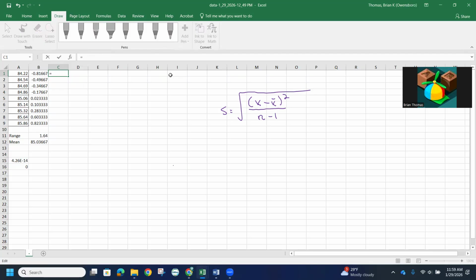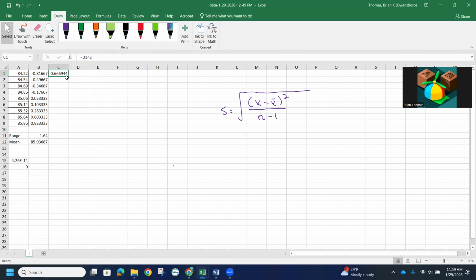I think we have to do B1, and then squaring is the little rooftop key. If I hold down the shift key, the rooftop's above the number 6, and then put a 2 there. That will actually do this x minus x bar squared, because B1 was x minus x bar, so now I'm squaring it.